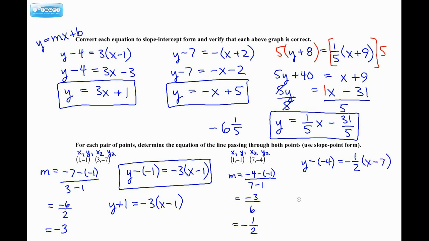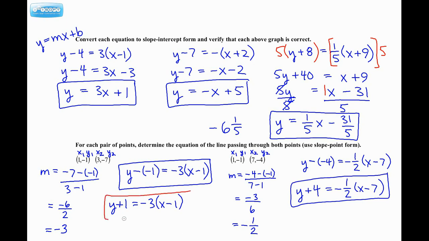There we go. But probably we'd want to write it like that. Okay. We're not asked to convert it to general form or slope-intercept form, so this is good. And for this one, I know I boxed the other one, but this one is preferred.